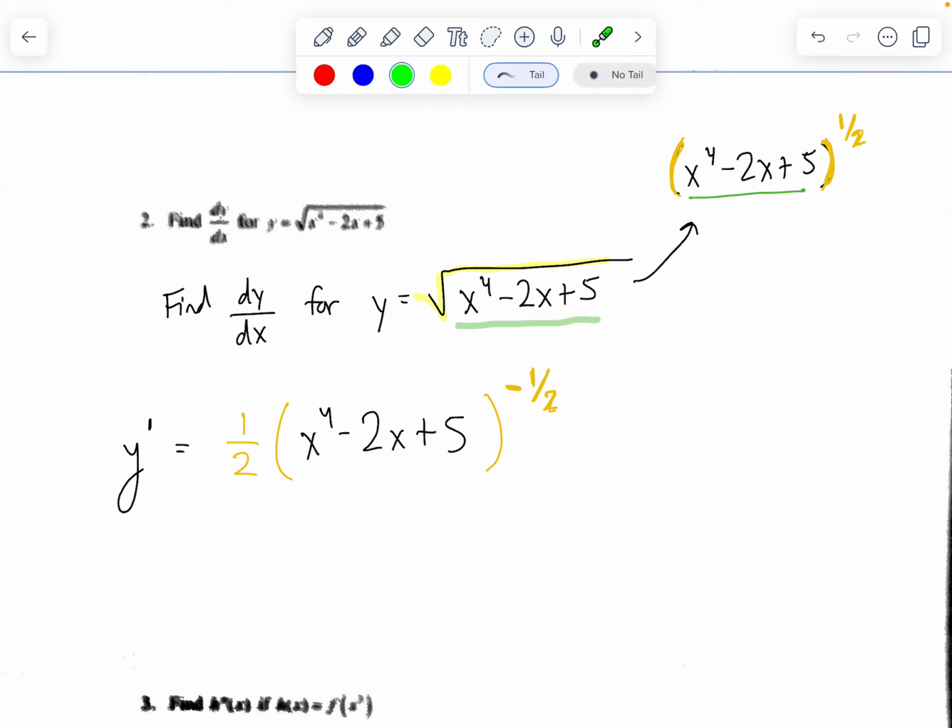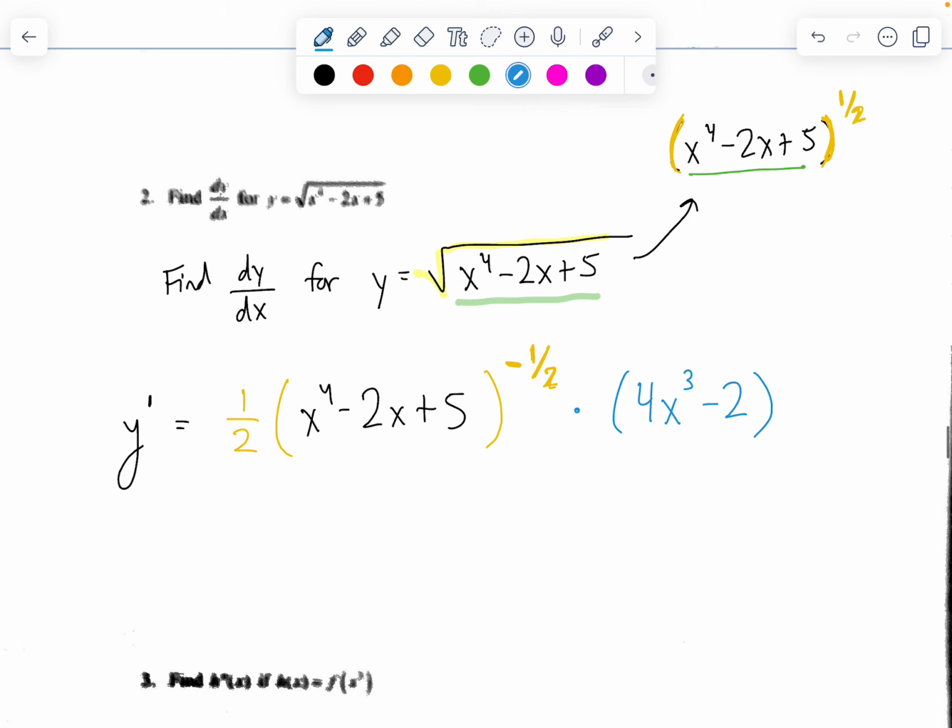So that's just the outer derivative part, times the derivative of the inside, which will be 4x to the third minus 2. That's pretty much the idea.